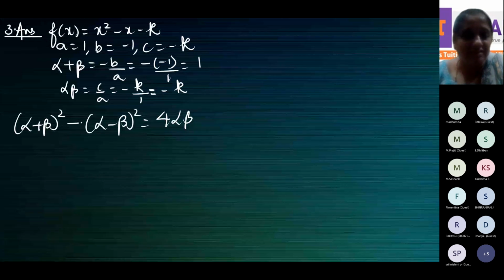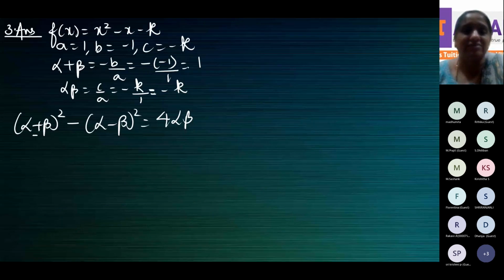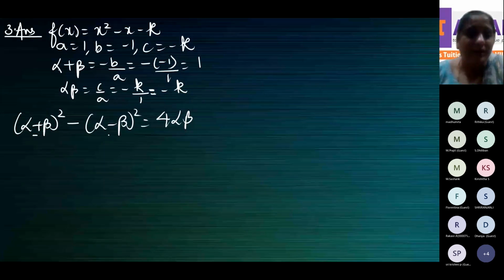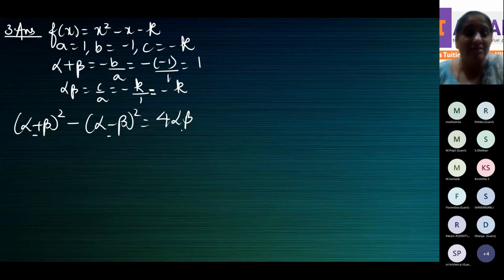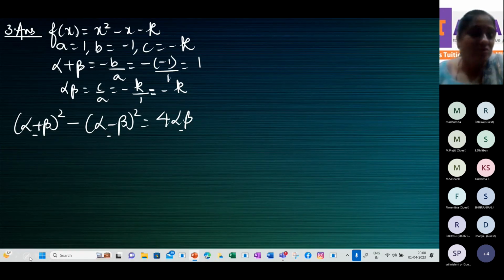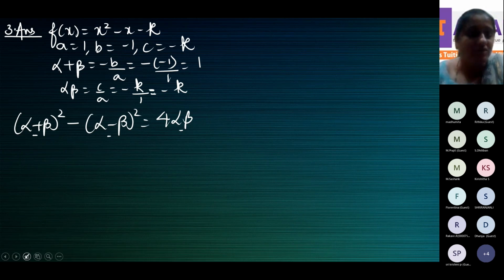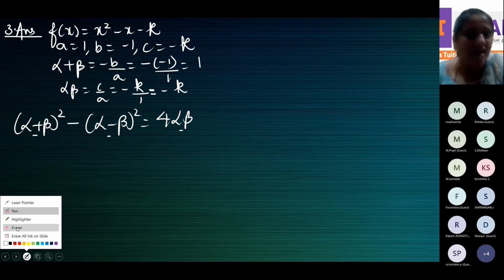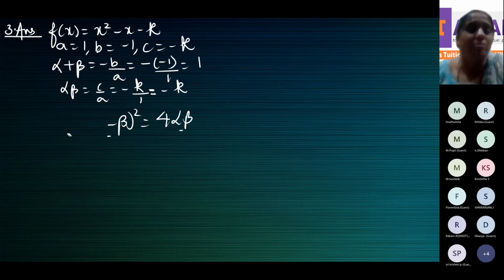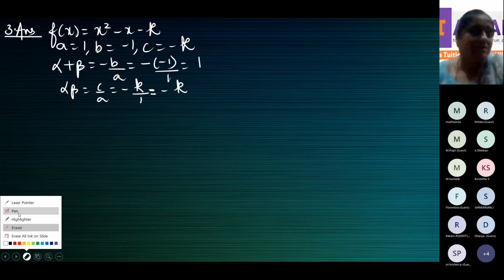We choose to use this identity because do we know the value of alpha plus beta? Yes. Do we know the value of alpha minus beta? Yes, it's given to us in the question. And do we know the value of alpha beta? That also we know. So since we know the values of the three expressions in this identity, it is appropriate to use this in this situation. Agree, children?